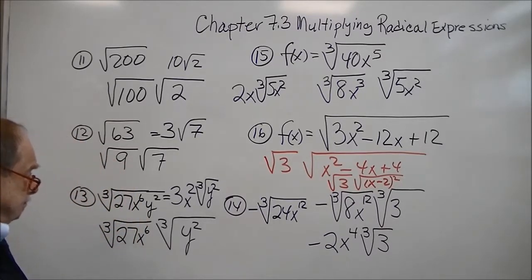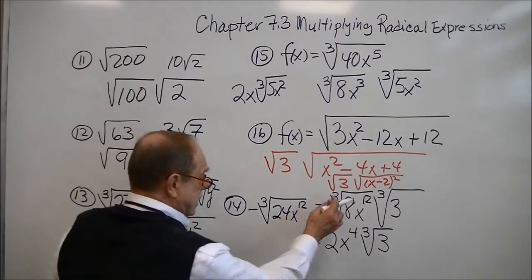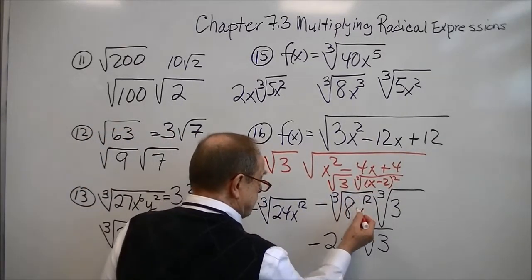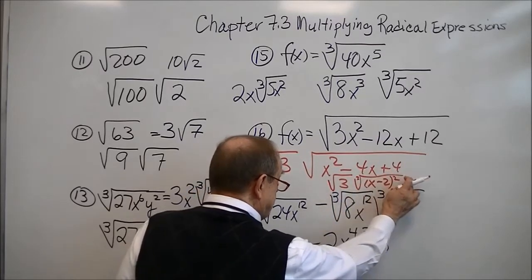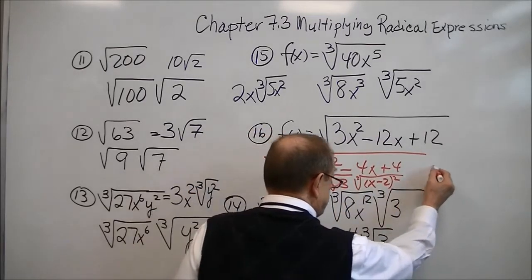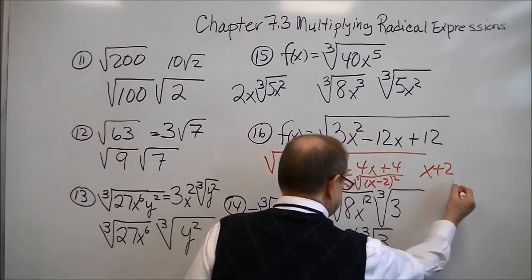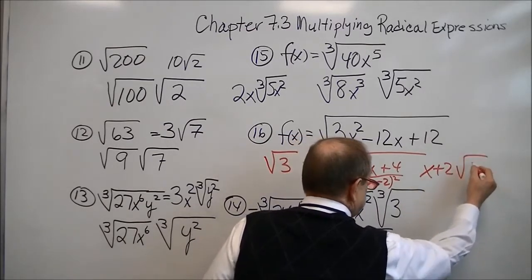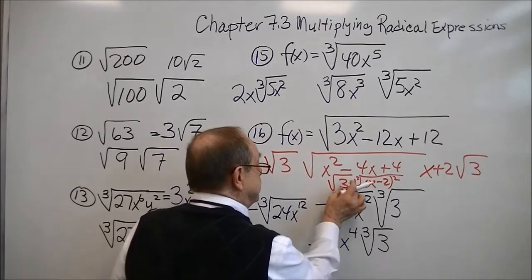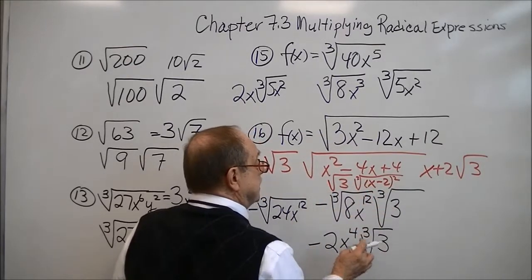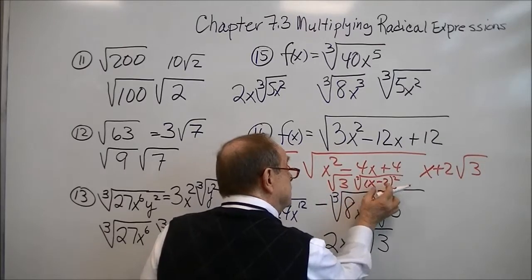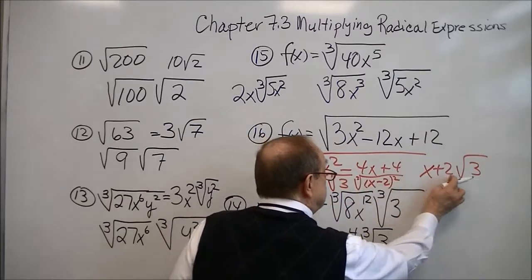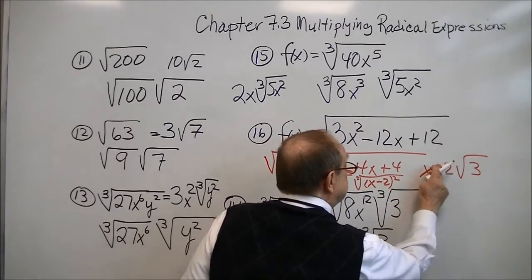Now, notice there's a 2 here, which we don't write. If we take away the radical sign, we're left now with x plus 2, the square root of 3. That is this times this. We're taking the square root of something that's squared, it just becomes the radicand.